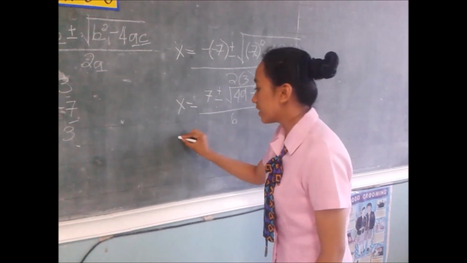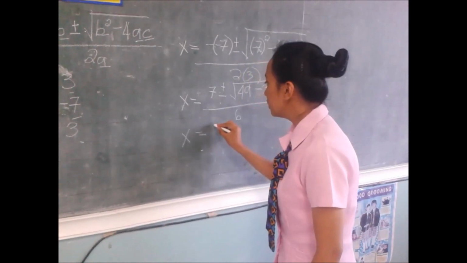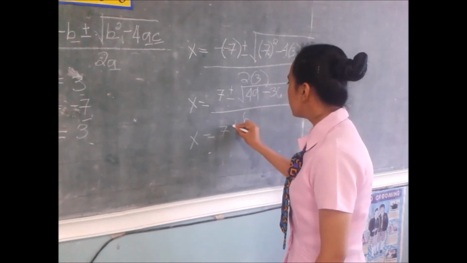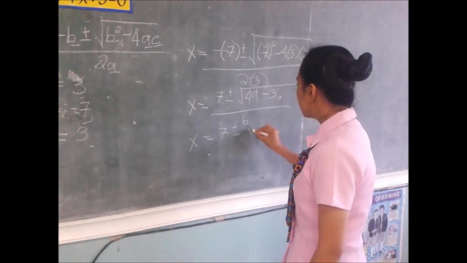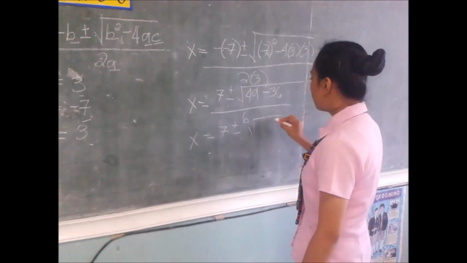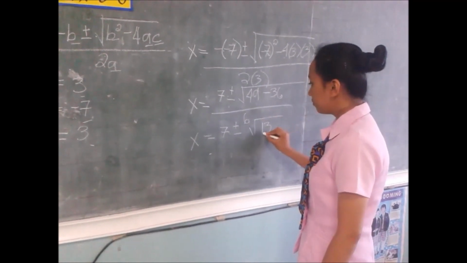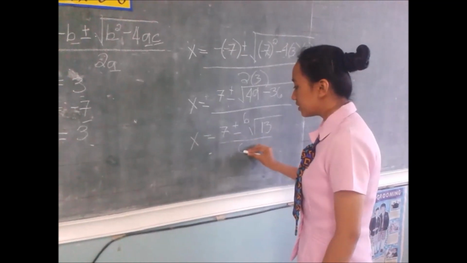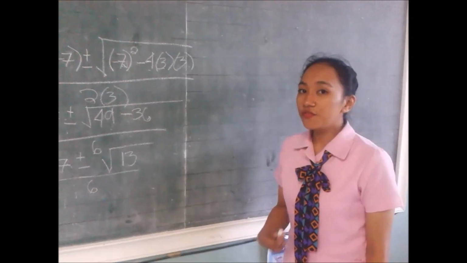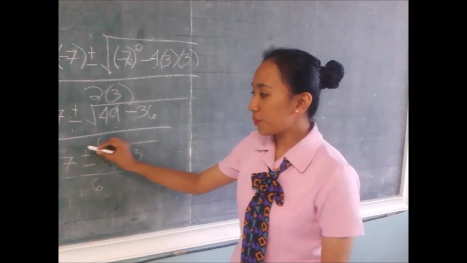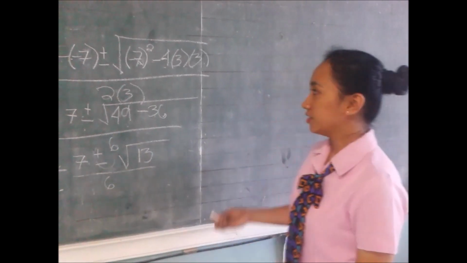So we have x is equal to 7 plus minus the square root of 13 all over 6. To get the values of x, we now separate the operations.